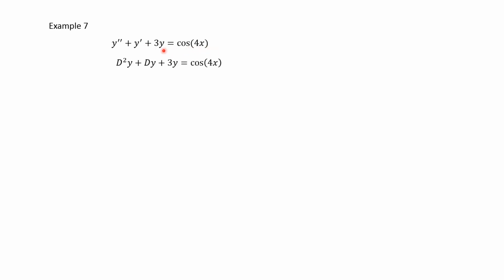Now, this can be written as d squared y plus dy plus 3y equals cosine 4x, or d squared plus d plus 3, applied to y, equals cosine 4x. And your particular solution is 1 over d squared plus d plus 3 of cosine 4x.